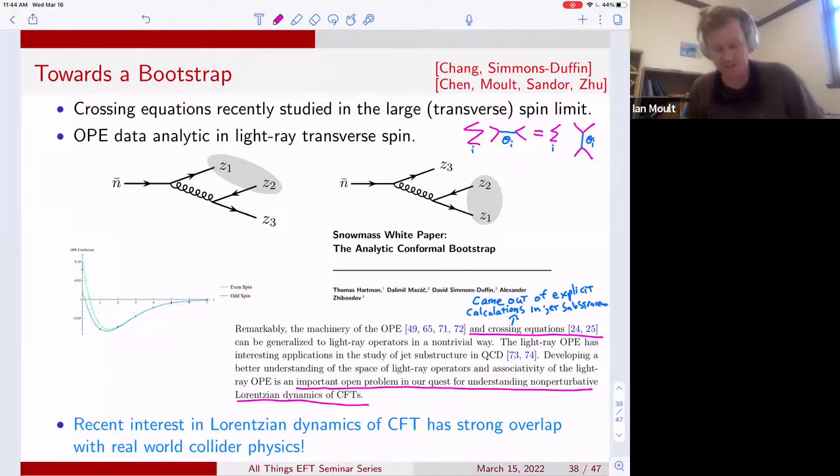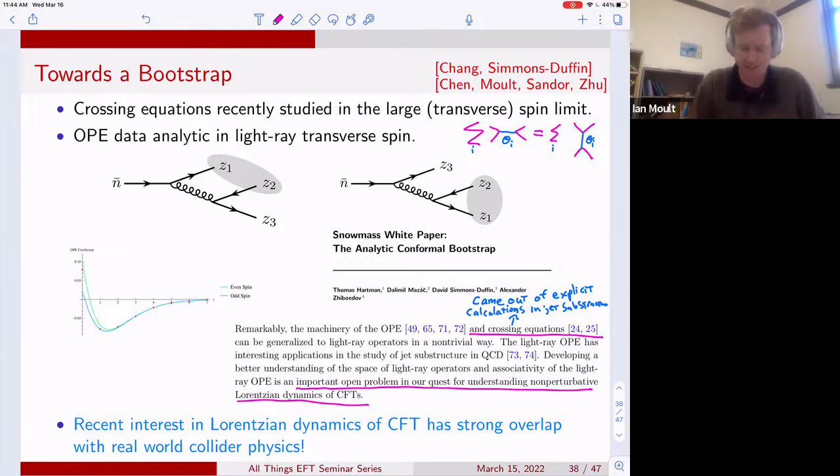Though I won't go into it in too much detail, I just wanted to highlight that there's a lot of hope that many of the other techniques which have been developed in the context of, in particular, the conformal bootstrap, can also be used to study these higher point correlation functions of light ray operators.